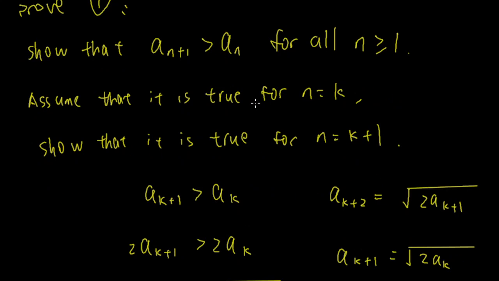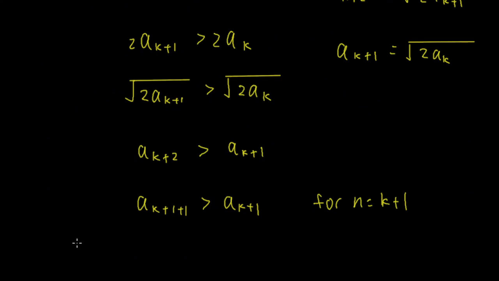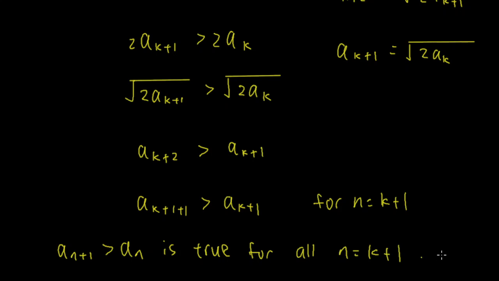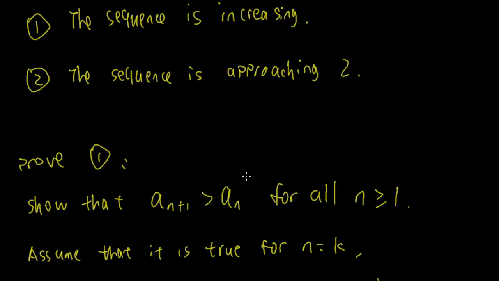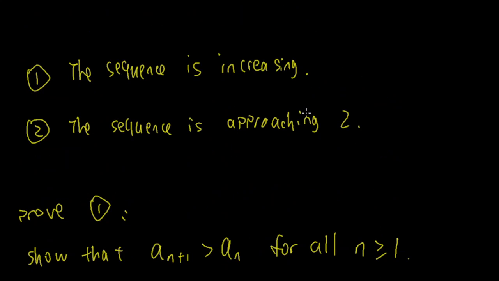Okay, so we can conclude that a sub n plus 1 is greater than a sub n is true for all n equals to k plus 1. Okay, since we just proved this, that means we proved that the sequence is increasing.